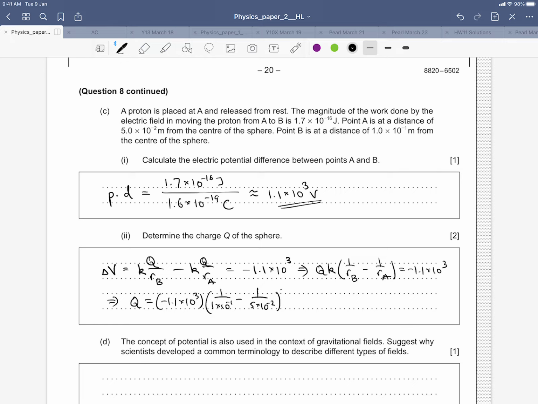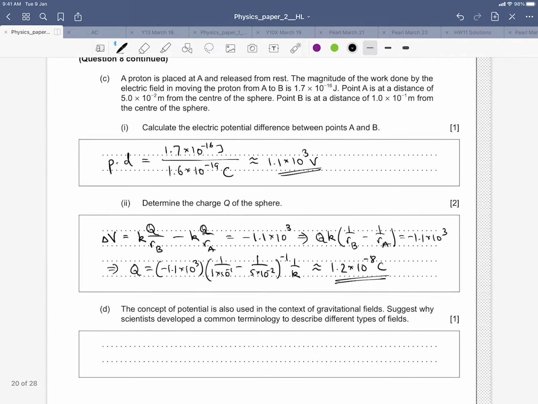This is going to be the reciprocal because I divided by k, and this should come out as 1.2 times 10 to the negative 8 coulomb. And it came out positive, which it should.